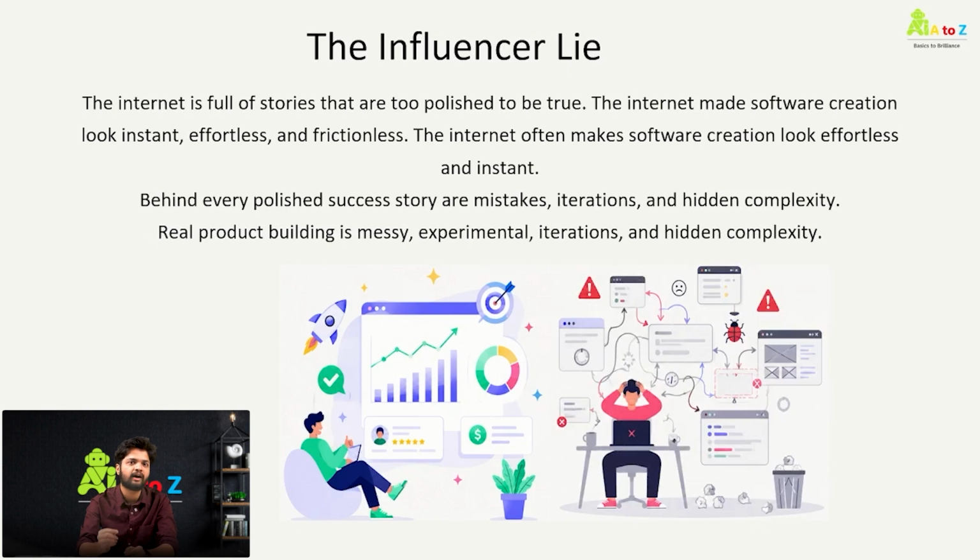What they rarely show are the mistakes, the failed attempts, the revisions, debugging, and problem solving that happen along the way. AI can make software development faster and more accessible, but building useful products still requires testing ideas, fixing issues, and making improvements over time. As we move forward, we'll approach vibe coding with realistic expectations and focus on the practical side of building software.